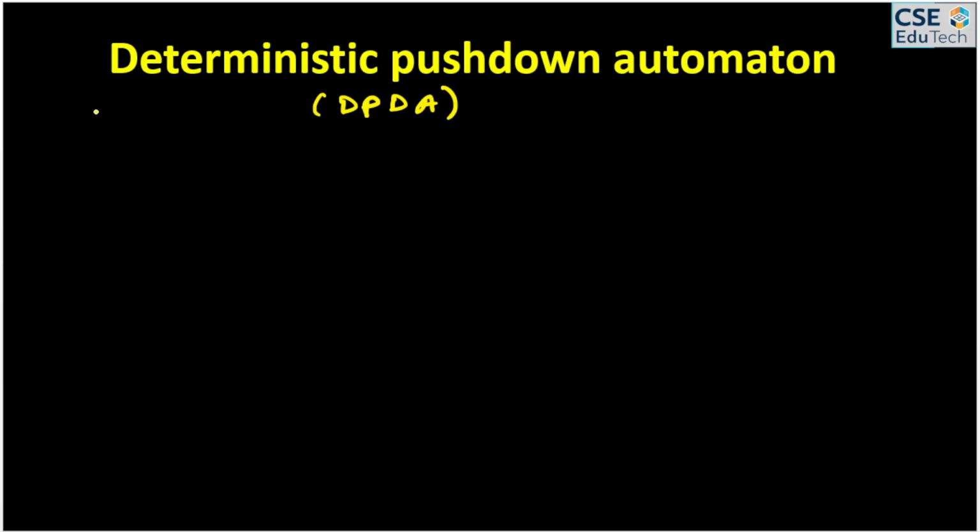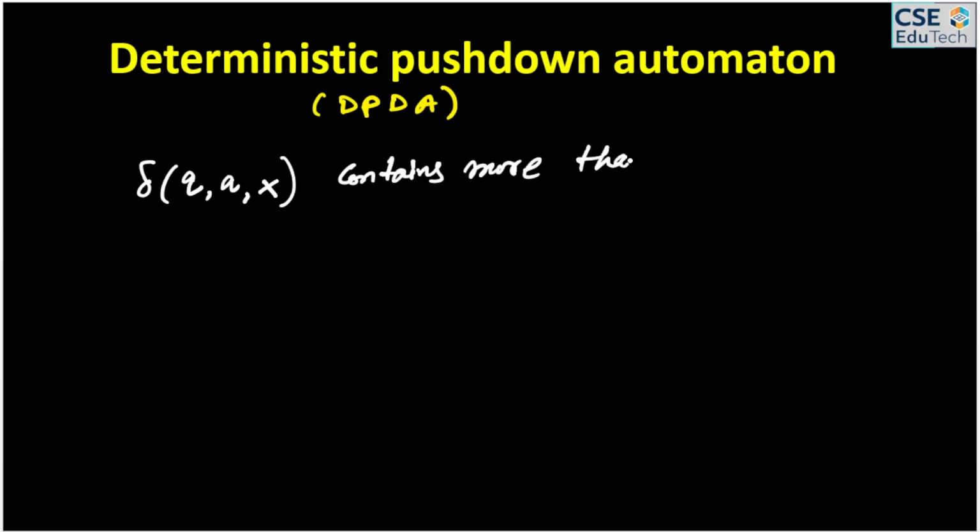The choices are basically two kinds. Suppose delta(q, a, X) contains more than one pair, then surely this PDA is of non-deterministic nature, because we choose among these pairs when deciding on the next move.